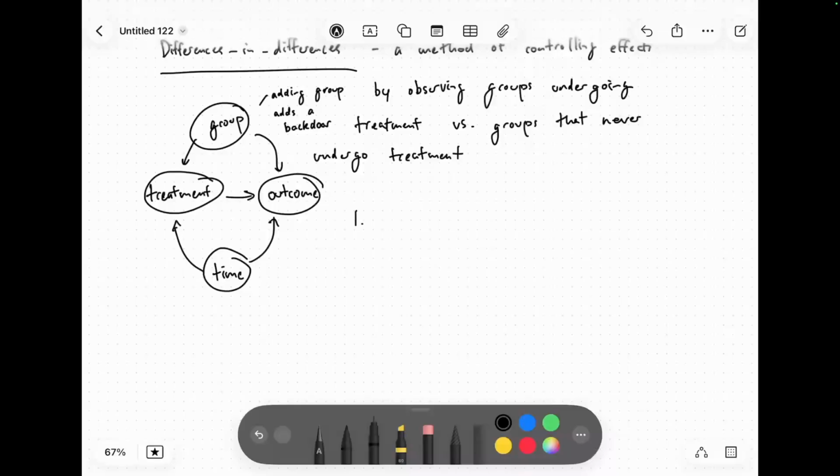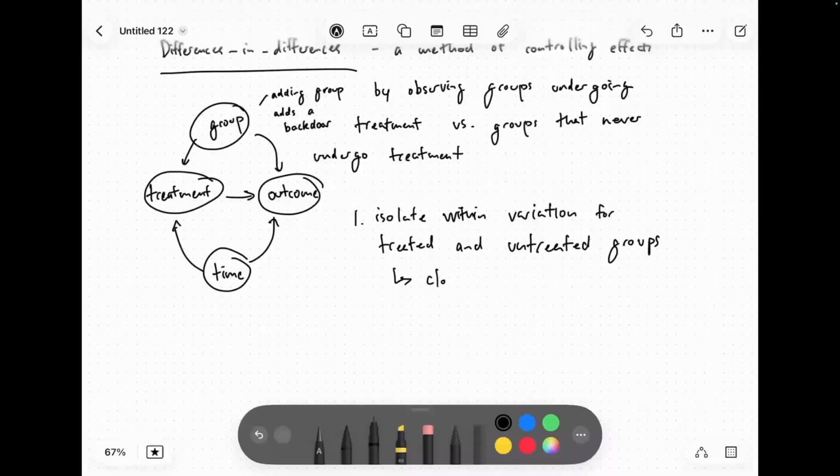One, I'm going to isolate the within variation for treated and untreated groups. So this will close the backdoor.